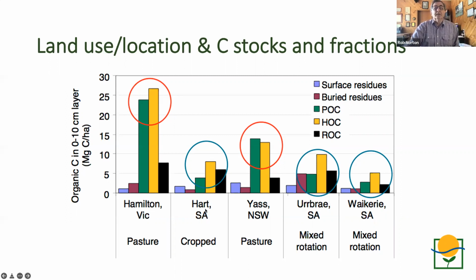If we went to South Australia, soils in Hart in South Australia, which is a crop system, much less organic material and much less particulate and humus. And as you go from place to place with pastures, a mixed rotation, you can see the proportions of those humus in particular changes quite significantly, and the amount and also the proportions.